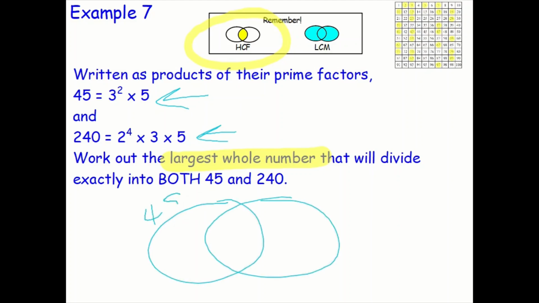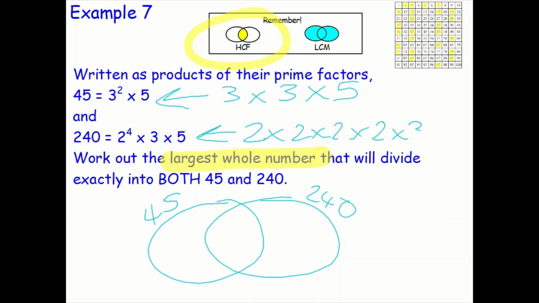That's 45, that's 240. I'm just going to write this out. So it's 3 squared times 5, that one. And this is 2 times 2 times 2 times 2 times 3 times 5. What is common to both? A 3 and a 5.